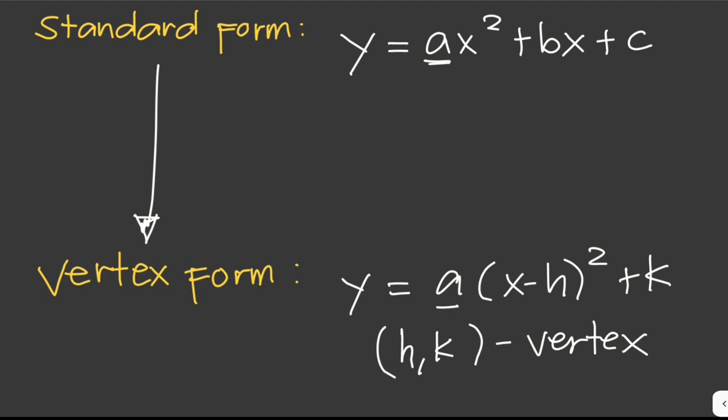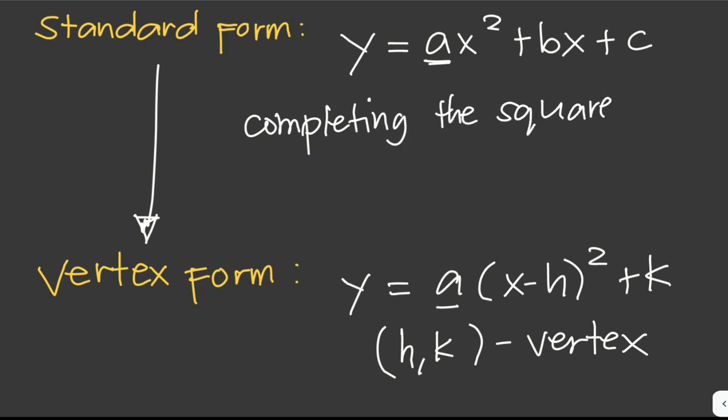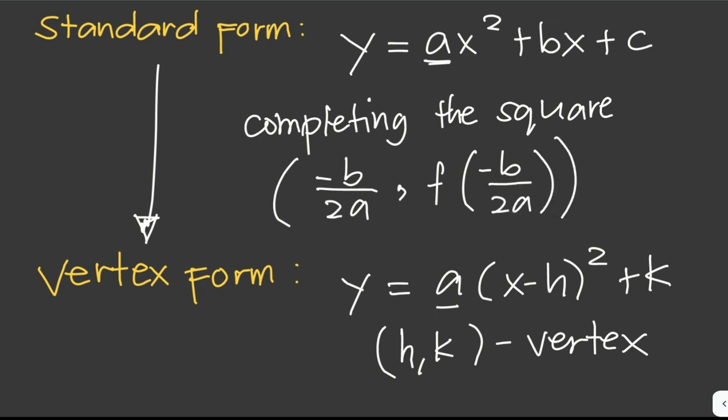When you're given a quadratic equation, you can convert it to its vertex form by completing the square, or finding the vertex by using this formula: negative b over 2a and f of negative b over 2a, which is just equivalent to the axis of symmetry.